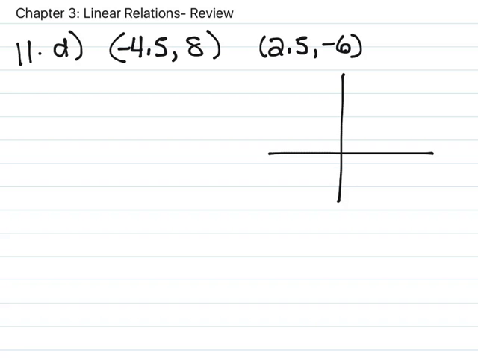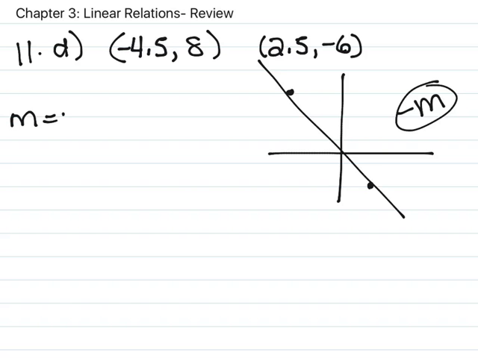We have negative 4.5 and 8. We'll go here. And then we have 2.5 and negative 6, which would be way down there. So you have your line. Notice that, again, your slope is going down towards the right-hand corner, giving you a negative slope. Those are always useful to recognize because it helps you check your math when you're actually doing it.